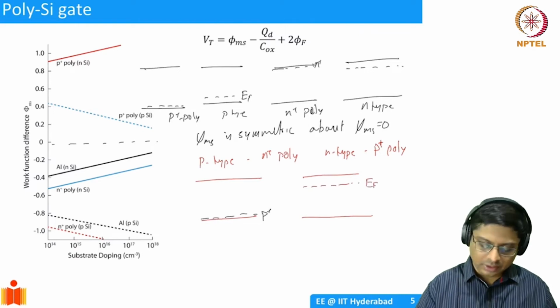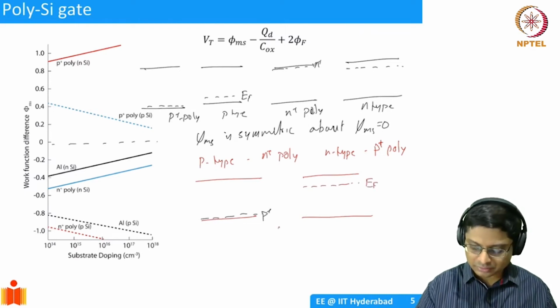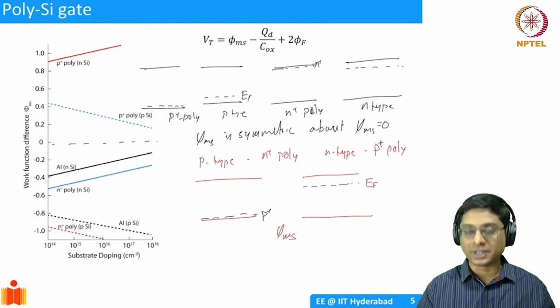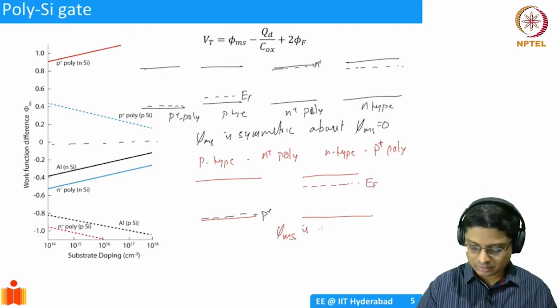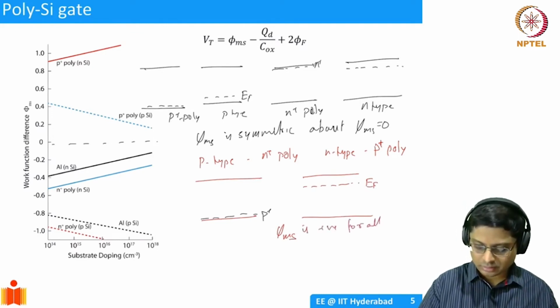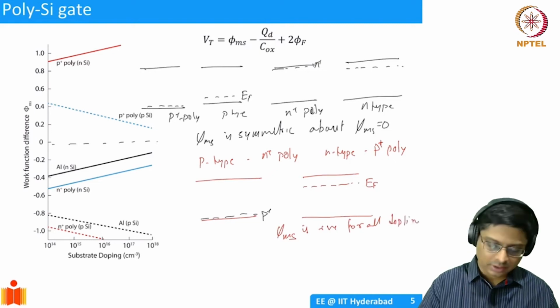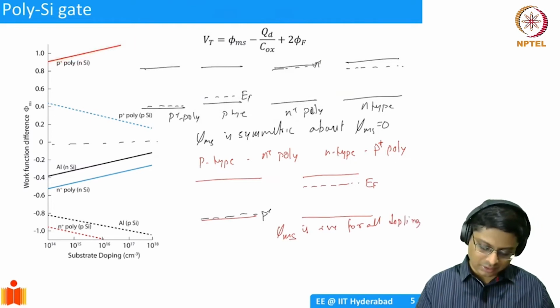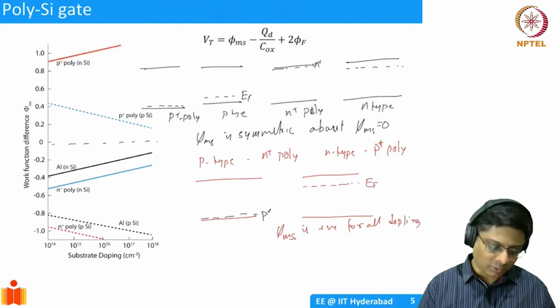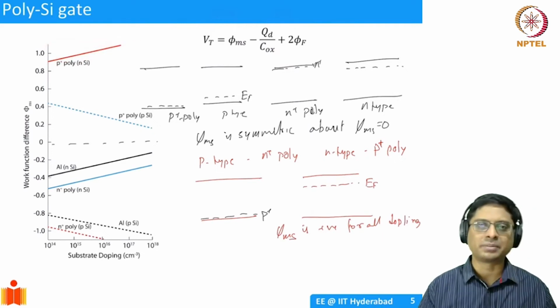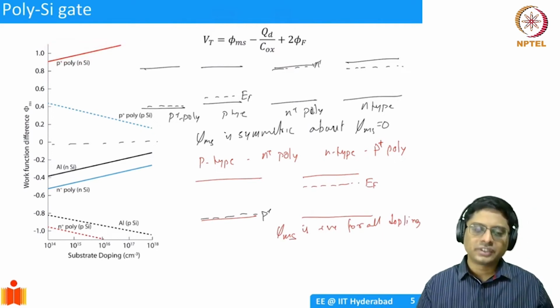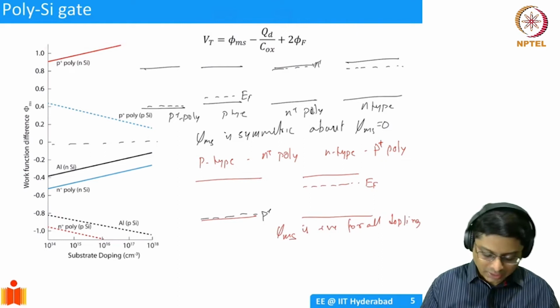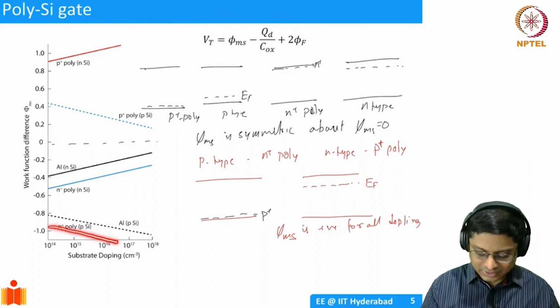So phi ms is basically positive for all doping. That's why you see that it is going in this way. As you increase doping, phi ms is increasing. Eventually, it will come to 1.1 eV. That's where the band gap is. Similarly, if you use the opposite case, n plus on p-type silicon, you'll see that this is increasing.